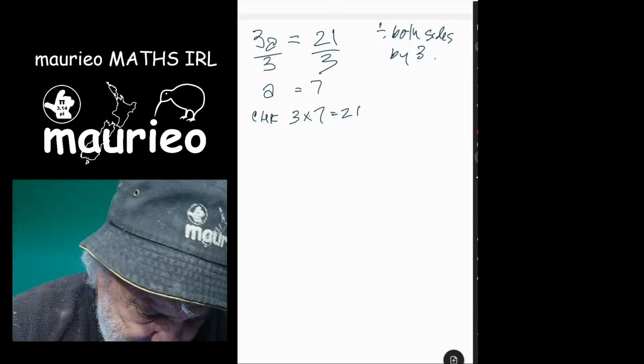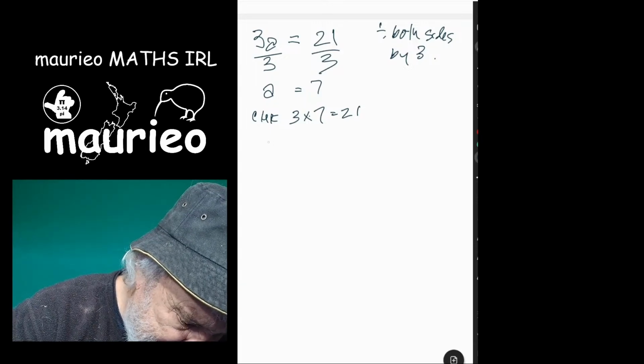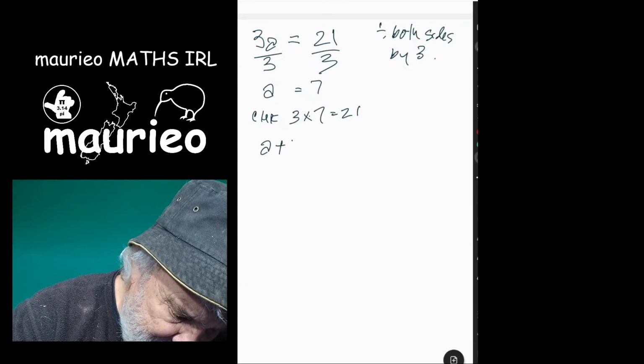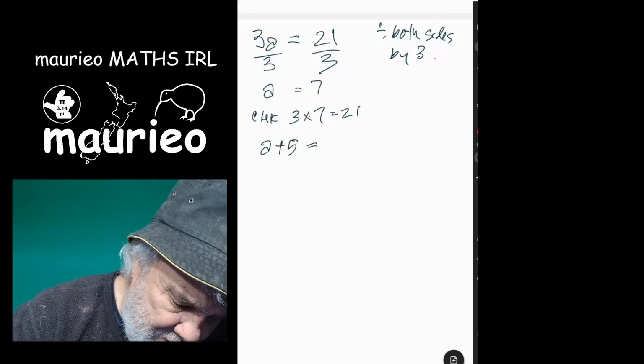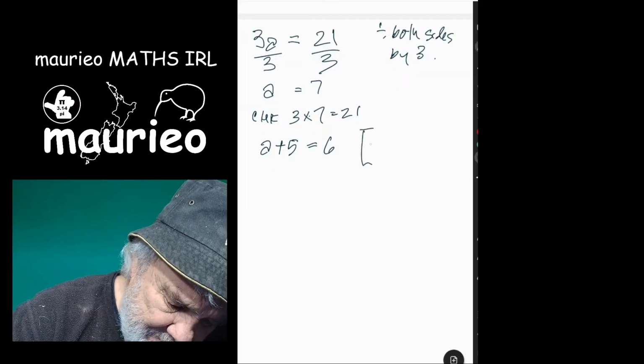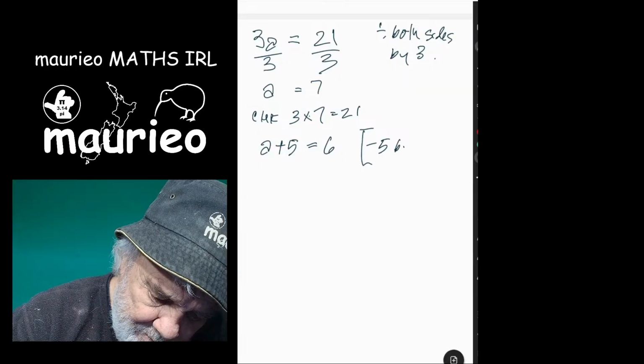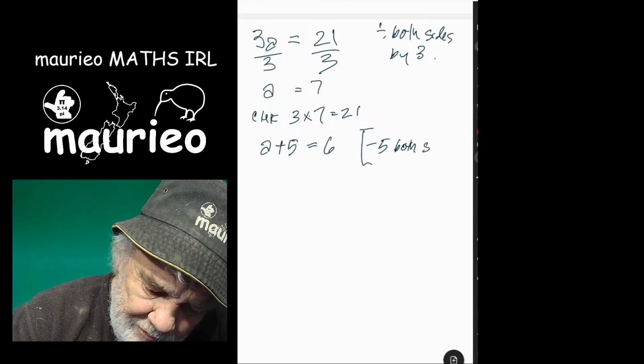And we've got ones like a plus 5 equals 6. So then we minus 5 both sides.